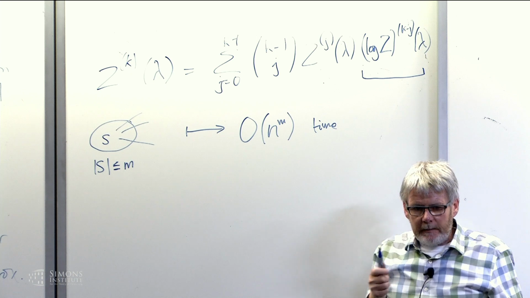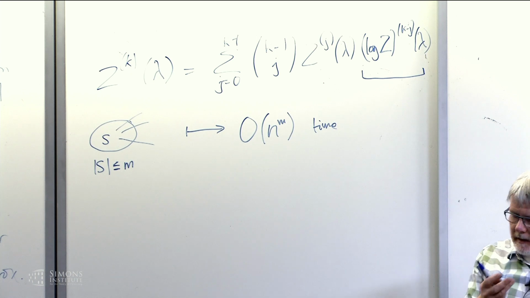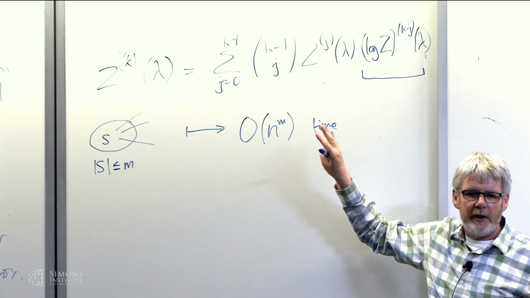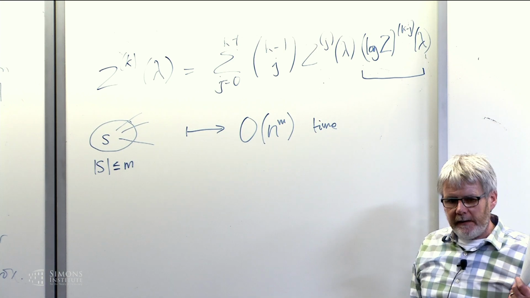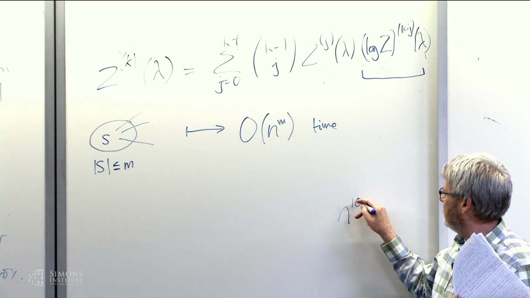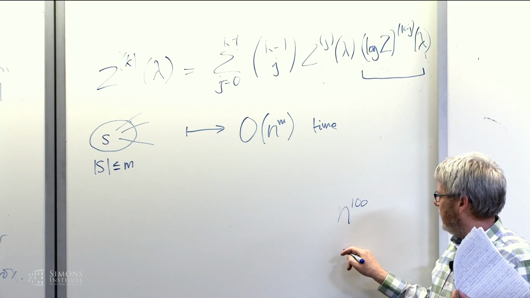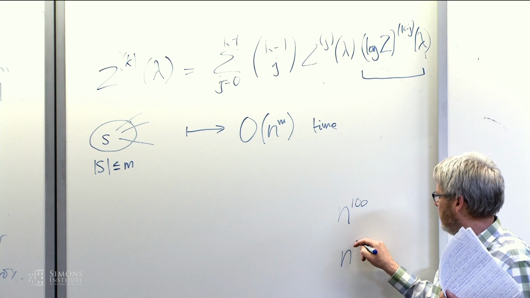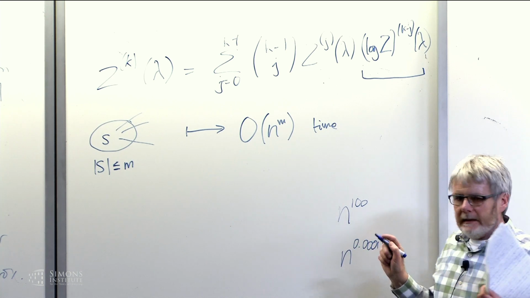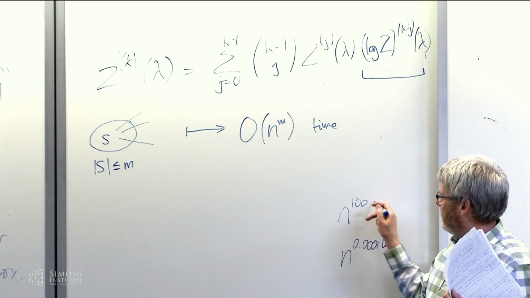Of course, if you're a mathematician like Sasha, you believe, absolutely correctly, that this is just fine. Computer scientists would much prefer to have an n to the 100 algorithm rather than an n to the 0.001 log n algorithm, and since I'm a computer scientist, I'm going to shoot for this.